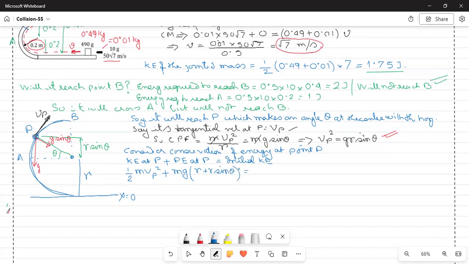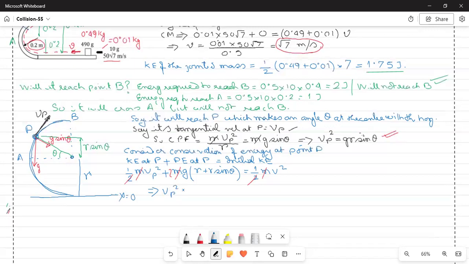The initial kinetic energy is half m v square. So we remove the half, and we also remove this m.